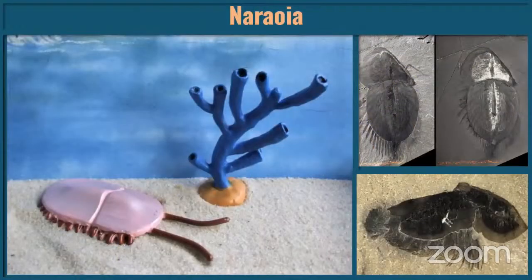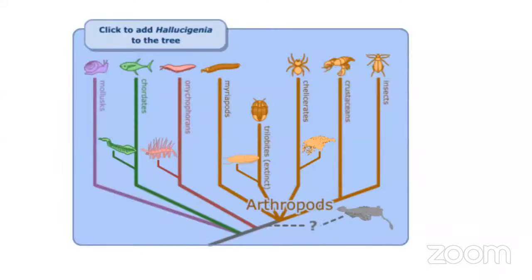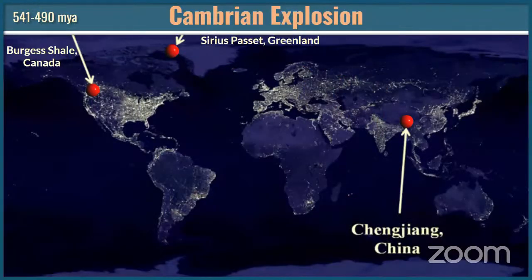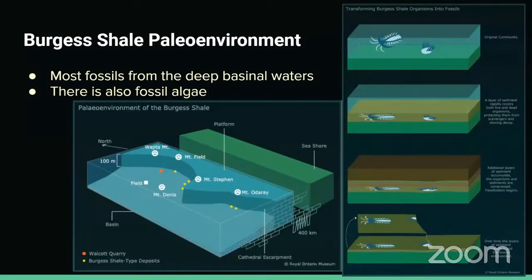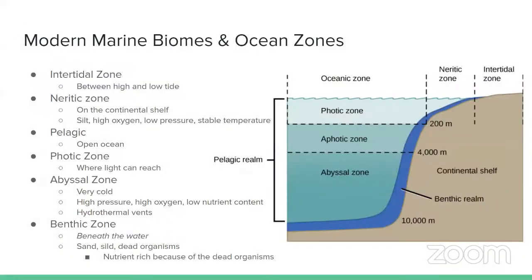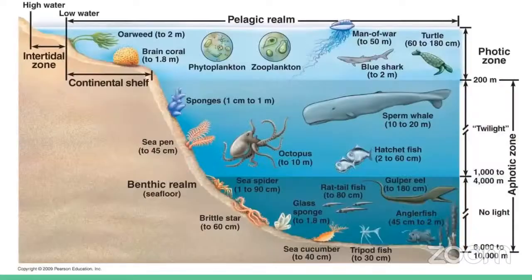I'm clicking through essentially the last slide here. We looked at the tree of some of these fossils and how they map onto our current tree. Talked about the Burgess Shale, how it formed. We're talking a bit about its environment, and then tacked on thinking a little bit about ocean environments, because for a while we're going to stay in the oceans and be thinking about adaptations to these ocean ecosystems.